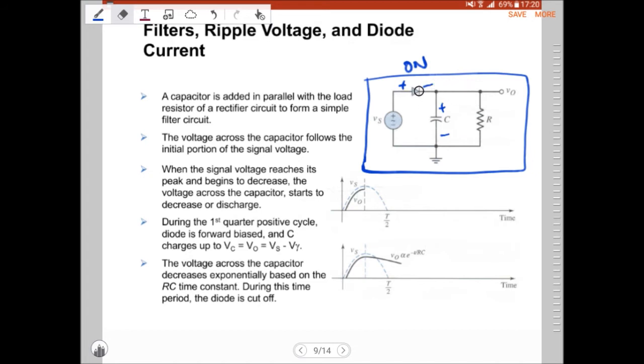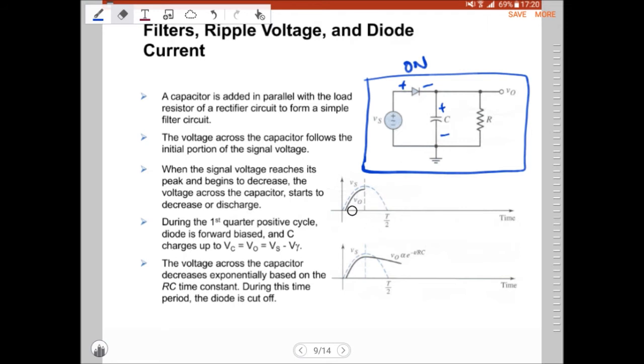The current charges the capacitor, and also current goes to R. As the input voltage increases, the current will increase to R, so Vout, which is the voltage across R, will increase nicely. However, the output voltage is slightly less than the input because we assume there's a V gamma, so there's a drop across the diode.